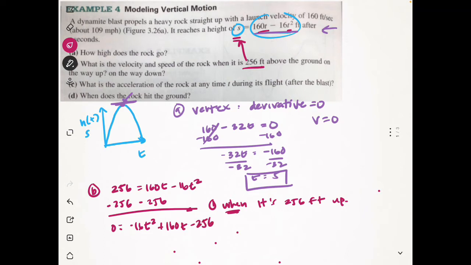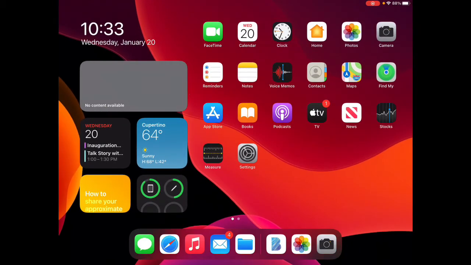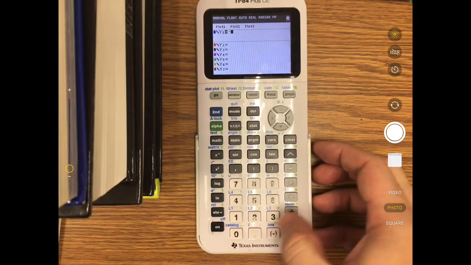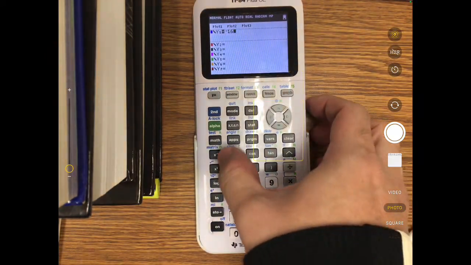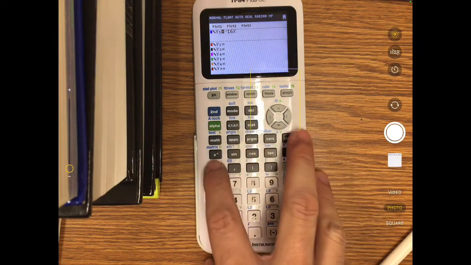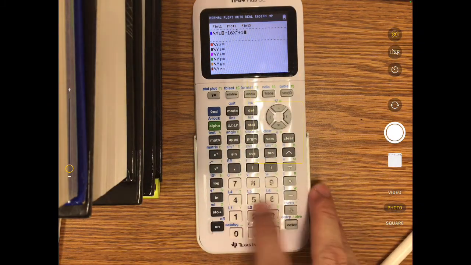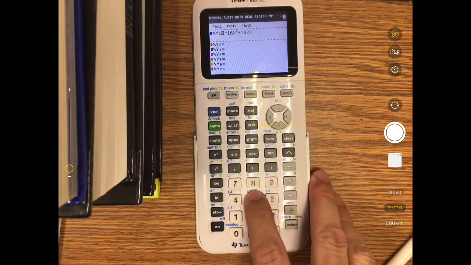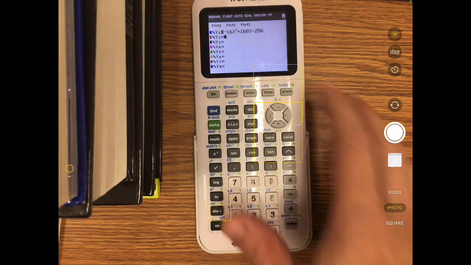Okay. So we have negative 16. We don't have a t, so we'll just use our button for x squared, plus 160 x minus 256. Okay, let's graph it.